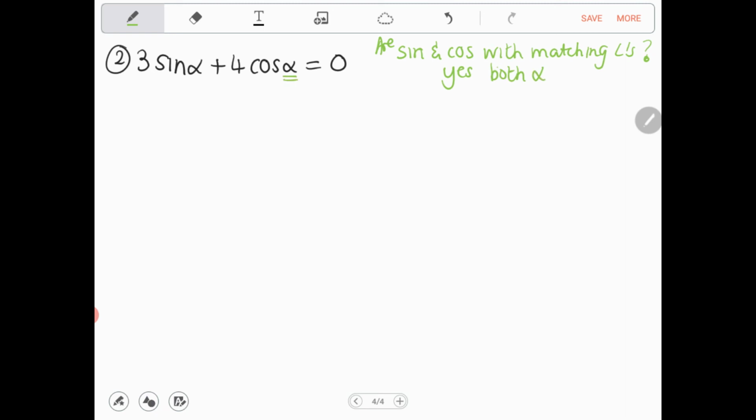Okay, so there's an alpha there and an alpha there. Then we say, is there a constant term? In other words, a number-only term. And there isn't. That 0 is fine, okay? We said we could have 0 there. That's not a problem. There isn't a 1, a 2, a negative 3 floating around, okay?